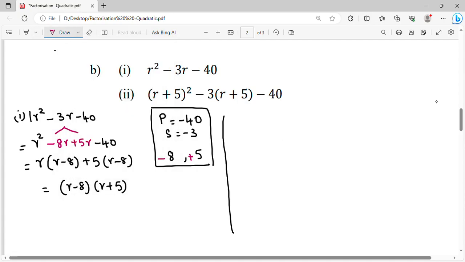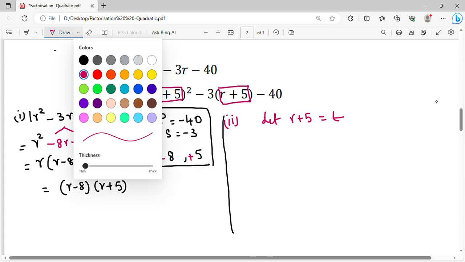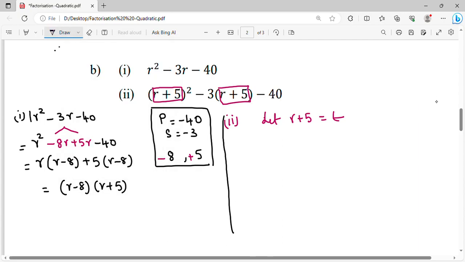So basically, I see it's the same thing again, but only my r is replaced by r plus 5. So I'm going to use a simple substitution. I'm going to say let r plus 5 is equal to t. Alright, so I get t squared minus 3t minus 40.